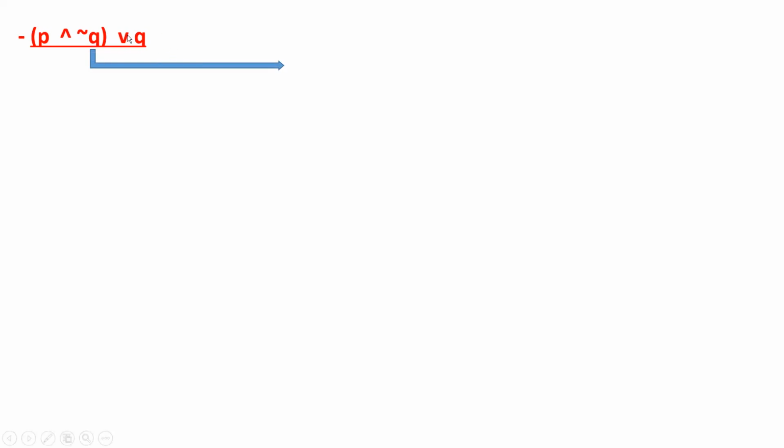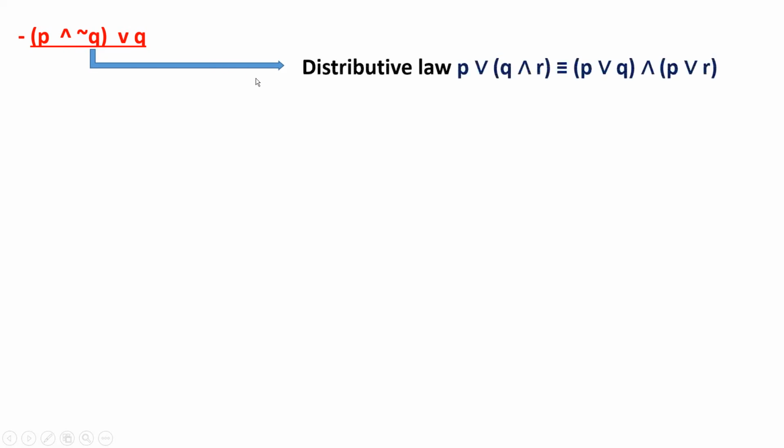Whatever atomic proposition and basic connective present outside the bracket, that enters inside the bracket. Now apply here. See here, Q or P, or P or Q. We are keeping and as it is. Q or negation Q. By applying distributive law over here, we'll get this simplification.